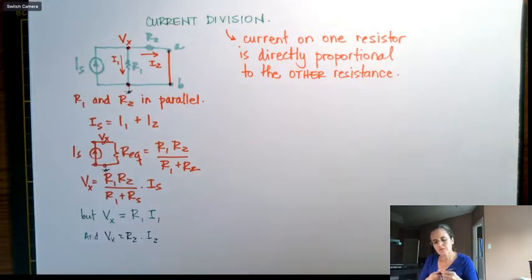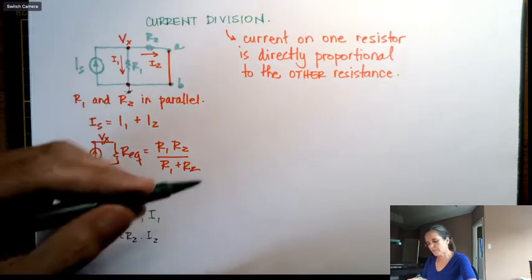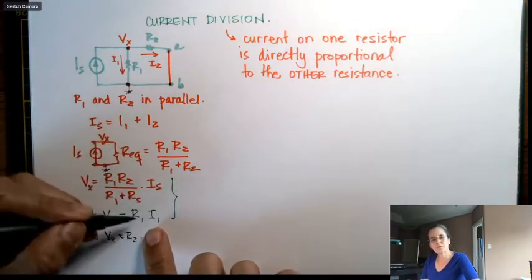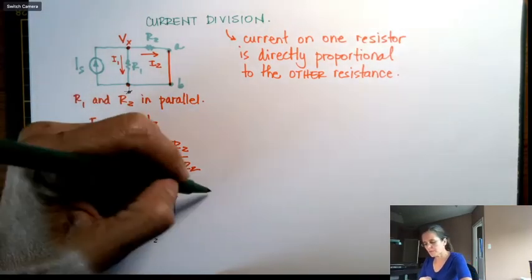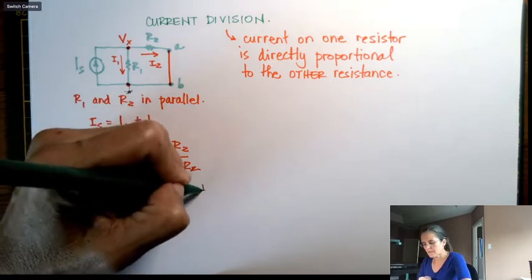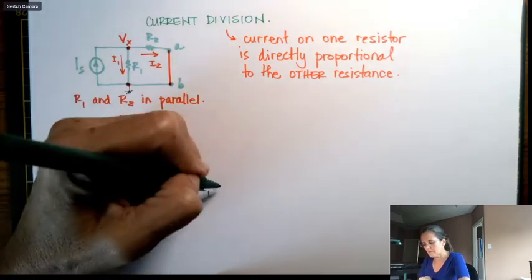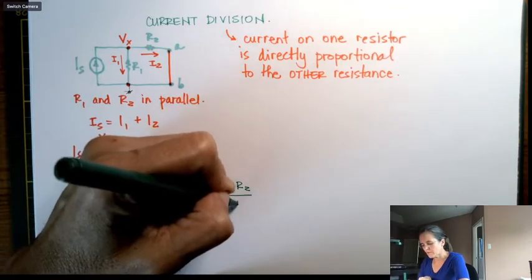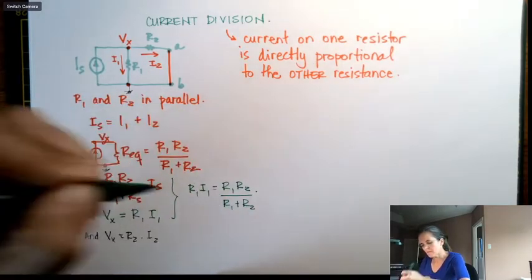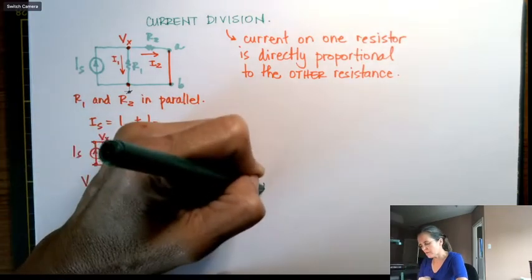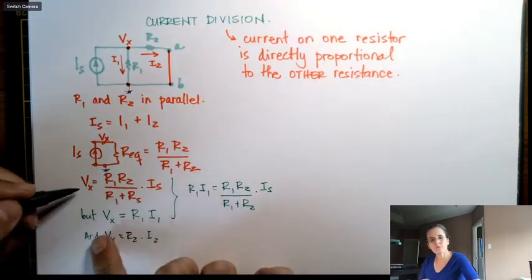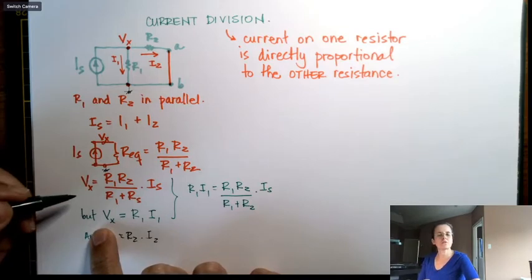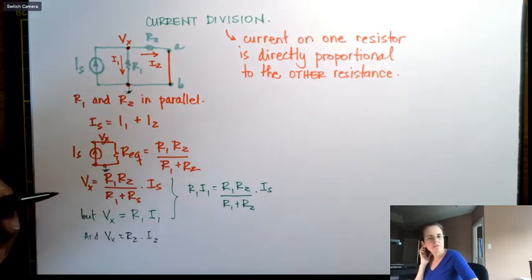So now I'm going to use those two equations together. Because Vx equals both of them, I'm going to just write R1 I1 is R1 R2 divided by R1 plus R2 times IS, right? So I'm just doing these two, one equals the other. And this is really it.